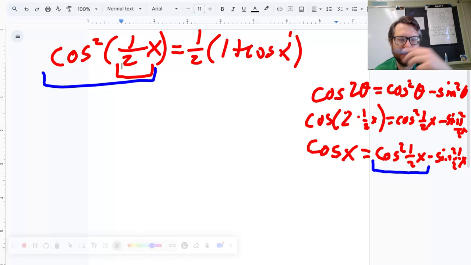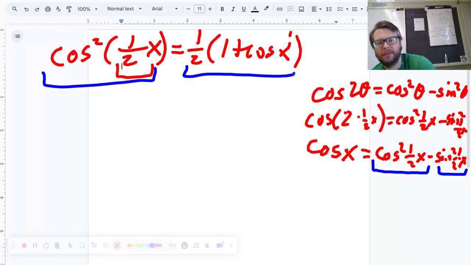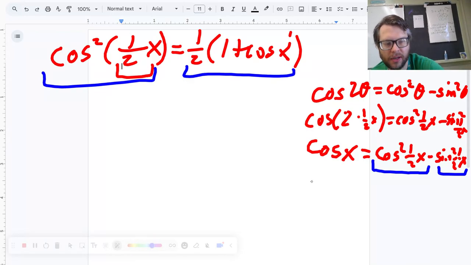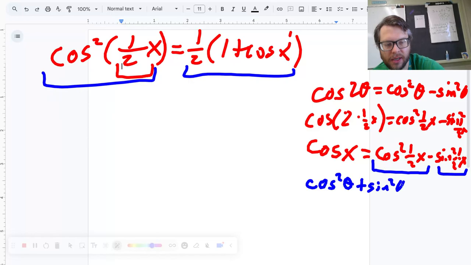And I also have this sine squared, but that's kind of a problem because there's no sine in the thing that I'm trying to prove over there.